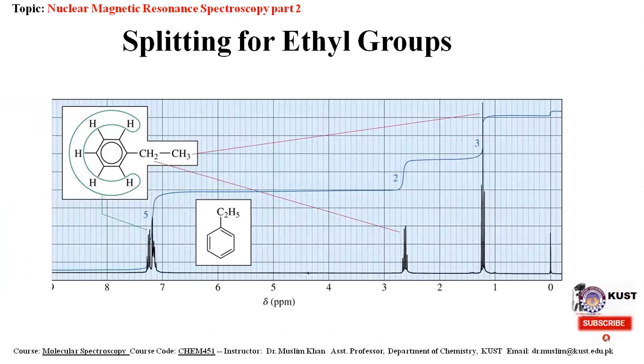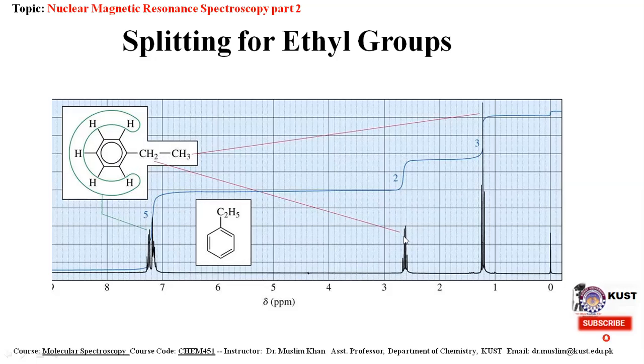Now, splitting for the ethyl group. For example, an ethyl group attached to a benzene ring. First of all, there are three types of hydrogen. One is the hydrogen directly attached to the aromatic ring, and in the ethyl group there are two types: the two attached to this carbon atom, and the three attached to this carbon atom.